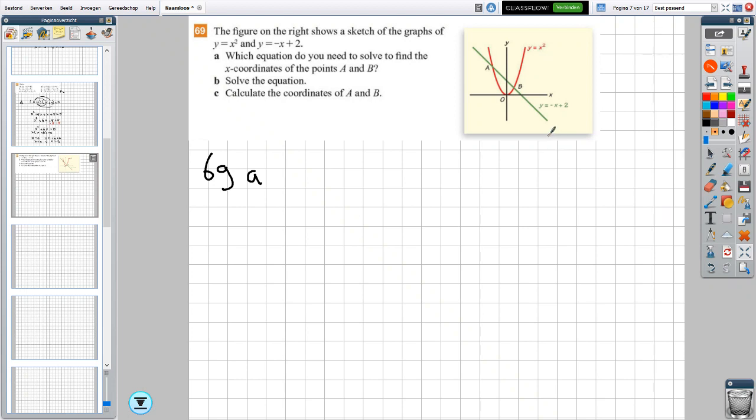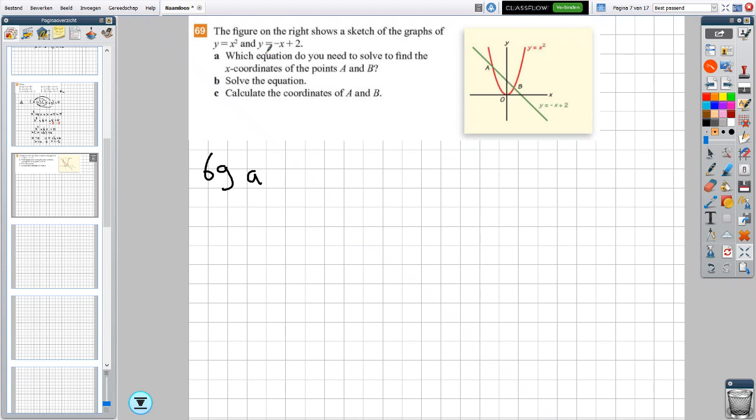So what they ask you is, points A and B have coordinates, right? How can I find the x-coordinates for those? Well, in points A and B, you can see that the line and the parabola intersect with each other, which means that in these points, they are equal.